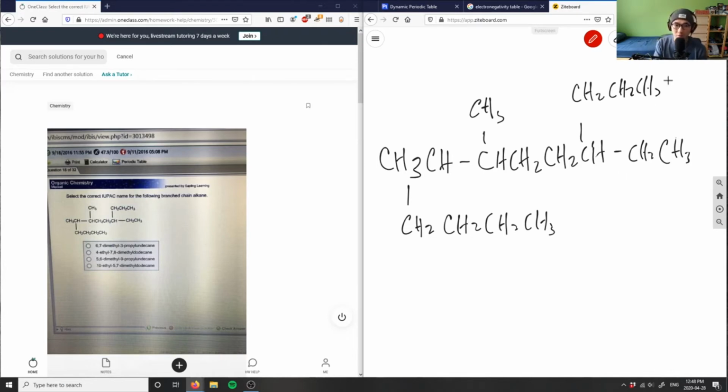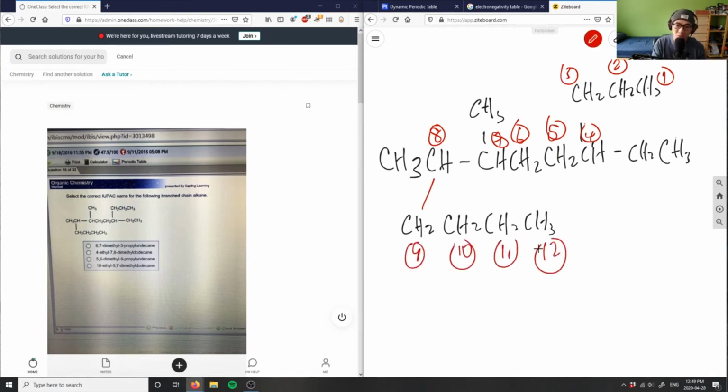I would go basically from 1, 2, 3, 4, 5, 6, 7, 8, 9. Oh no, not 9 here. 8. Sorry, this carbon is bonded to this guy here. So this would be 9, 10, 11, and 12. So this here would be my longest chain.